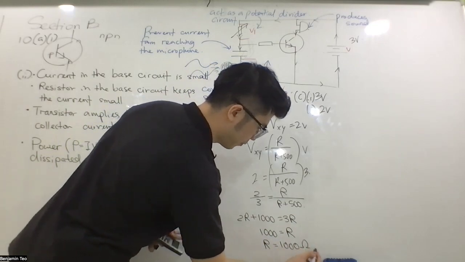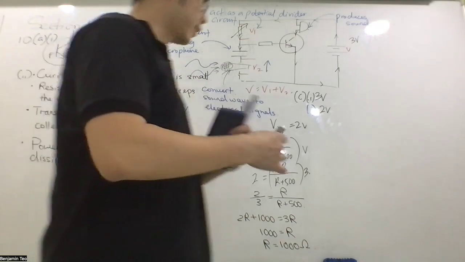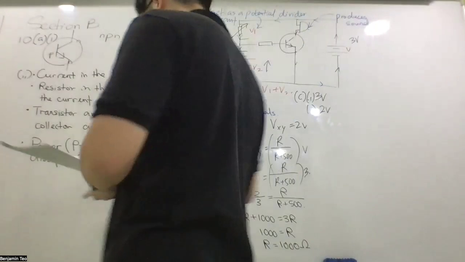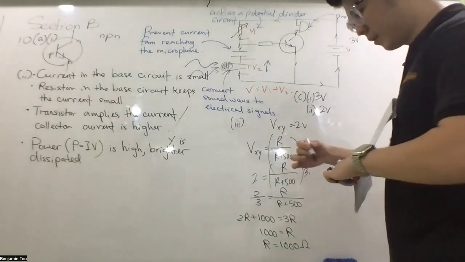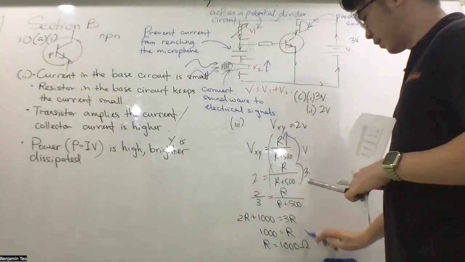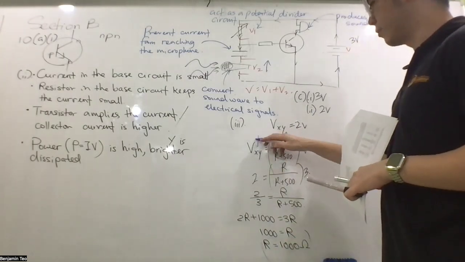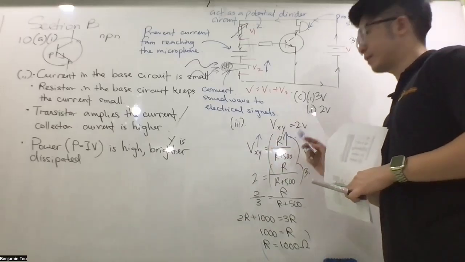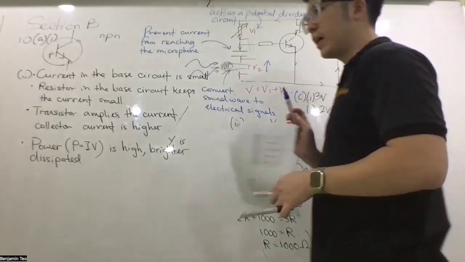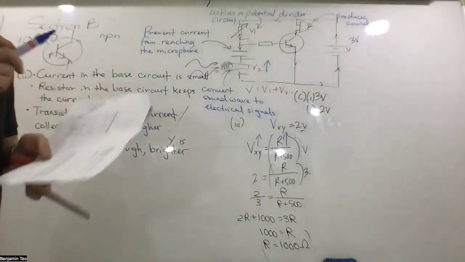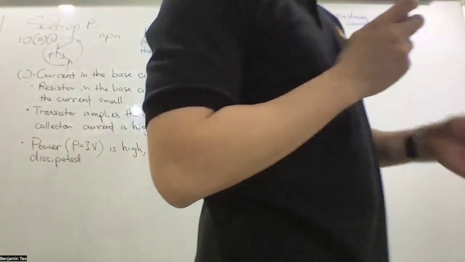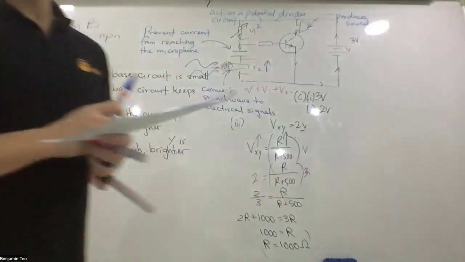Each ohm. So the XY we will use 1000 ohm. Can I use higher than 1000? If I use higher than 1000, what happened to VXY? 这个就会大过2 volt. 那这如果我这个用大过1000啦，我的 VXY 就会大过2 volt. 如果我的 VXY 大过2 volt, 这样我的 VYZ will be less than 1 volt already.